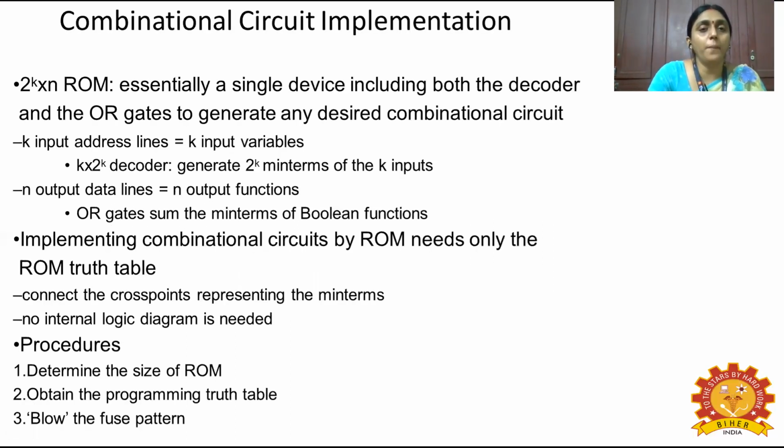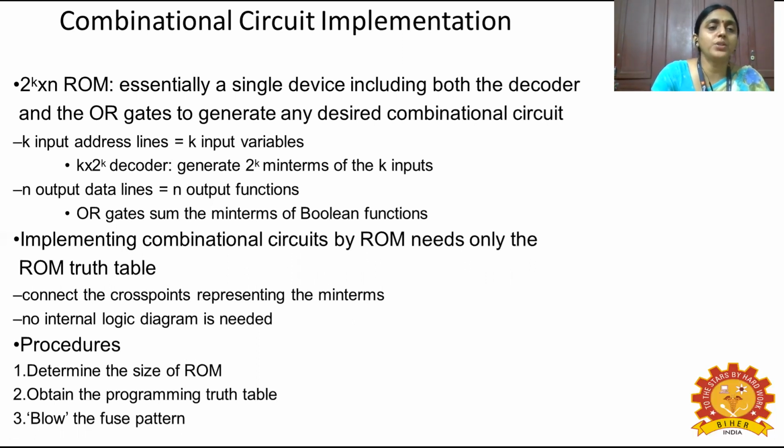And here the combinational circuit implementation is given, where a 2^k × n ROM is essentially a single device including both the decoder and the OR gates to generate any desired combinational circuit.